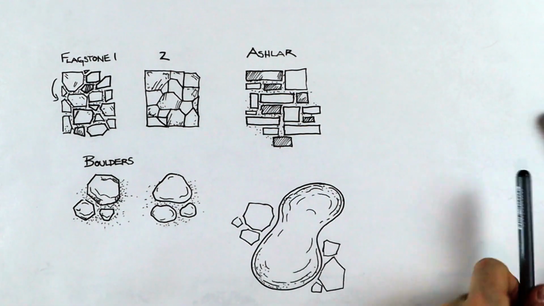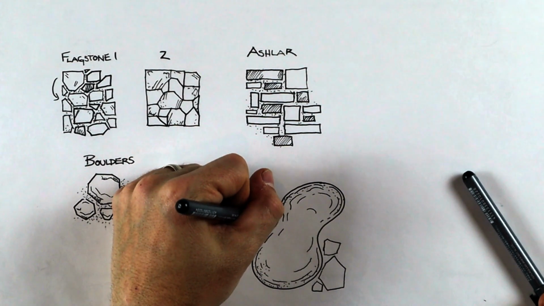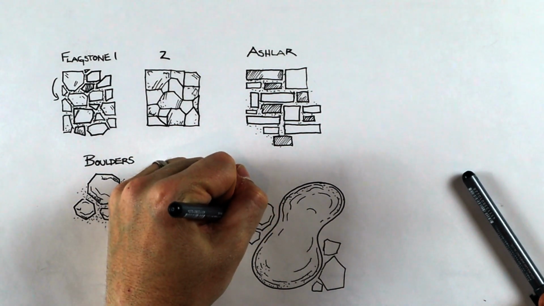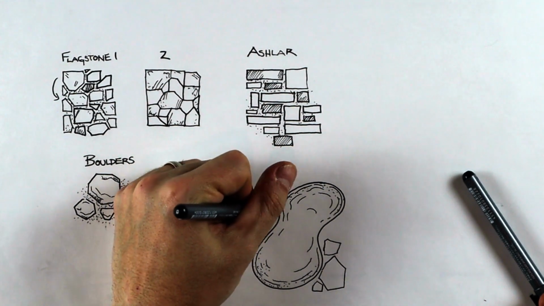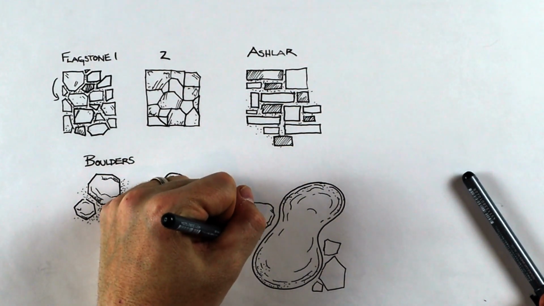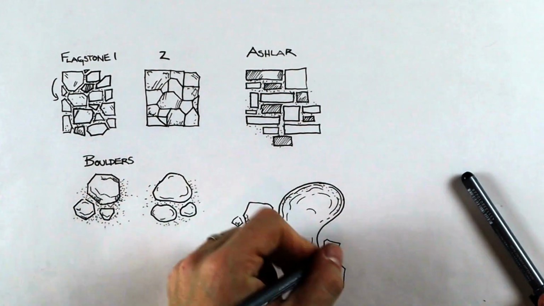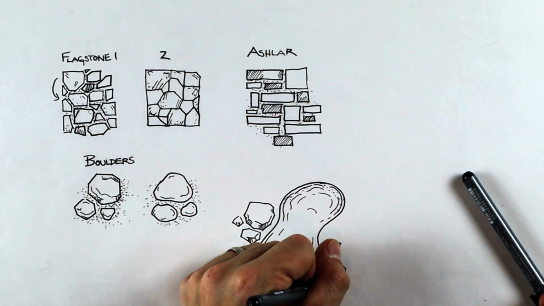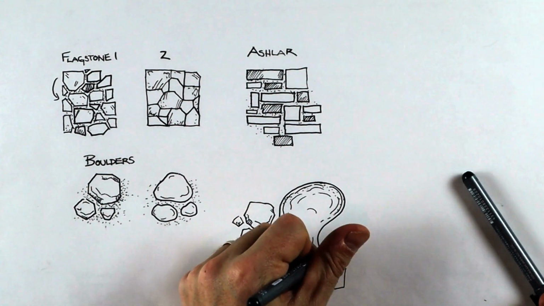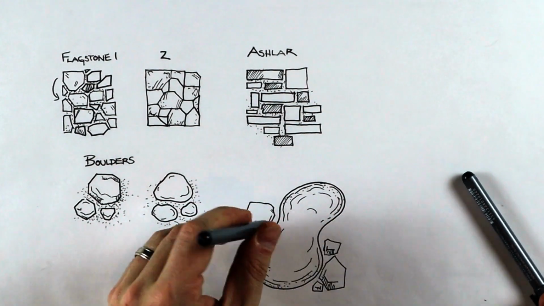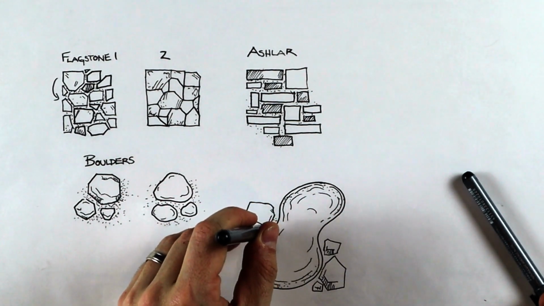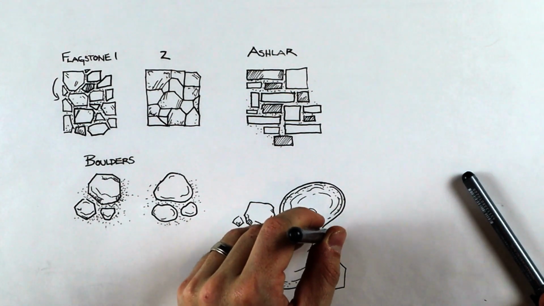Okay, and I can come in and add a little texture. Same thing here. Maybe these are some stones. Then I could stipple around this edge as well.